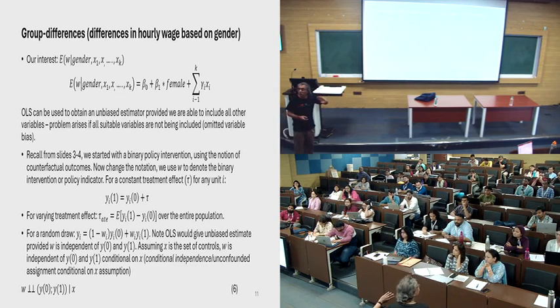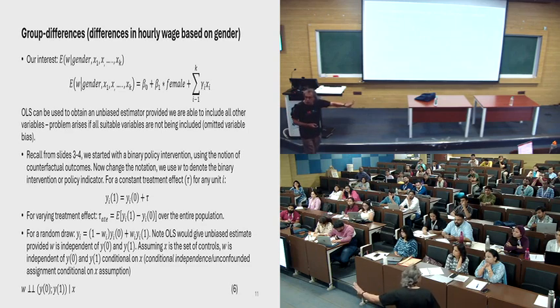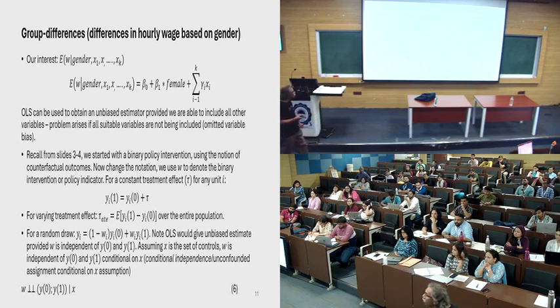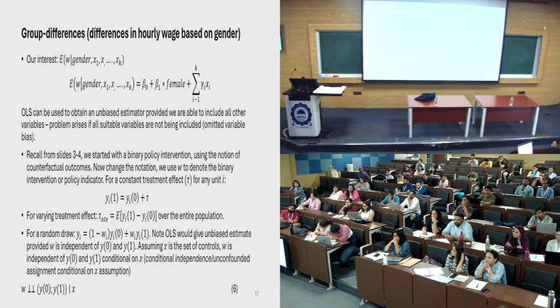So from a simple regression model, I am now going to a multiple regression model, because I am just thinking of x as the set of controls and w is independent of y0 and y1 conditional on x, right? So note, in this DID literature, it is known as the unconfounded assignment, conditional on x, and that's the assumption the DID model thinks about.